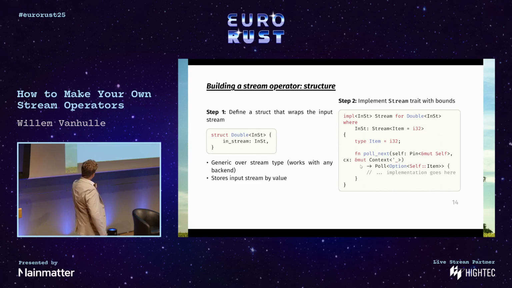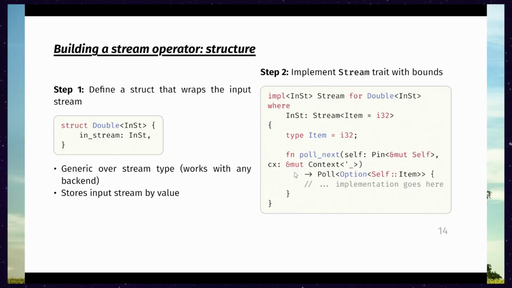The first thing you have to do is build a struct or something that wraps the input stream. It has to be generic over the type of the input stream, because in the end, you don't want the user to have to know about the actual input stream. You just want them to be able to double stuff without knowing or providing which stream exactly is the input stream. So it has to be generic. And then you have to implement the poll_next method.